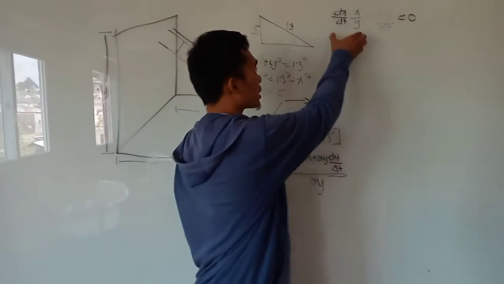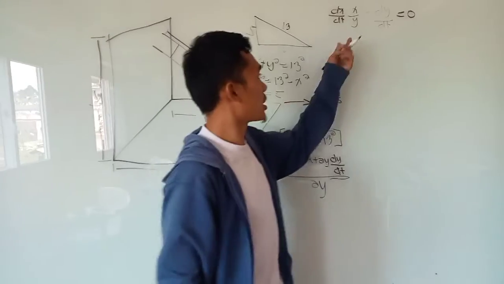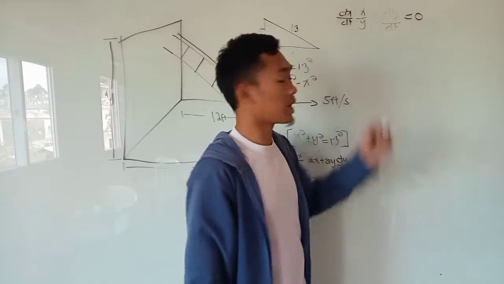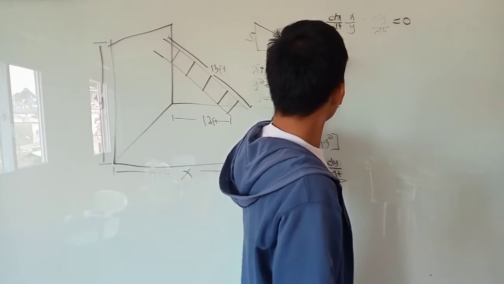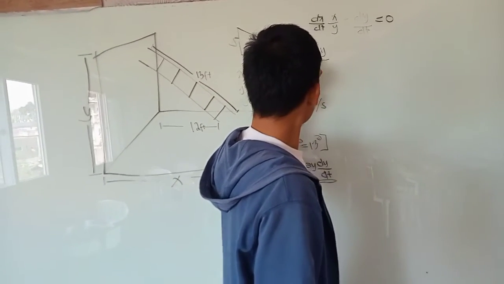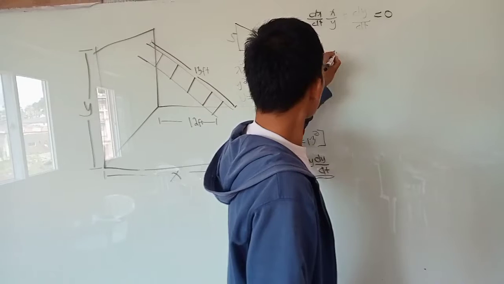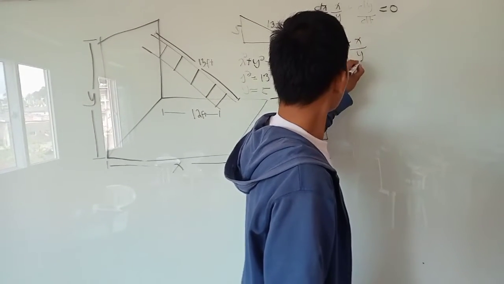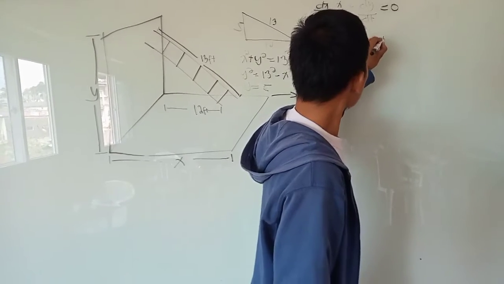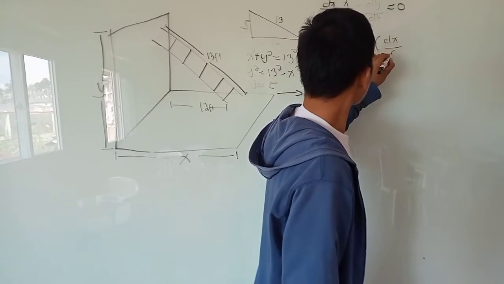By transposing this to the other side, we can get the value of dy over dt. So dy over dt is equal to negative x over y times dx over dt.